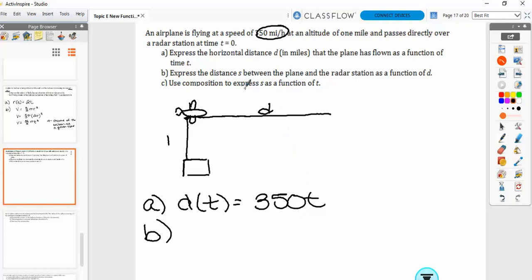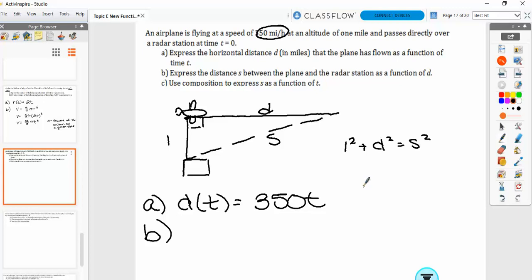Express the distance s between the plane and the radar station. So this is S as a function of D. What kind of triangle is this? A right triangle. Okay, so we know Pythagorean theorem, 1 squared plus D squared equals S squared.